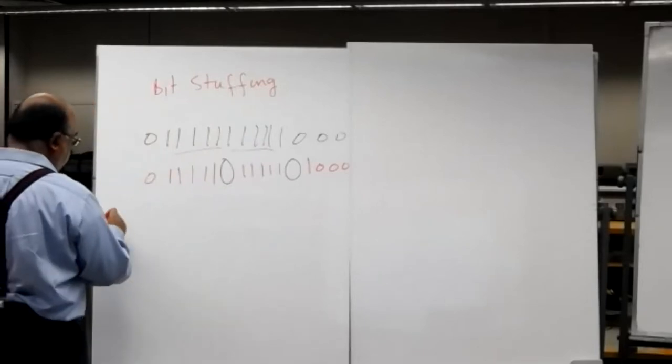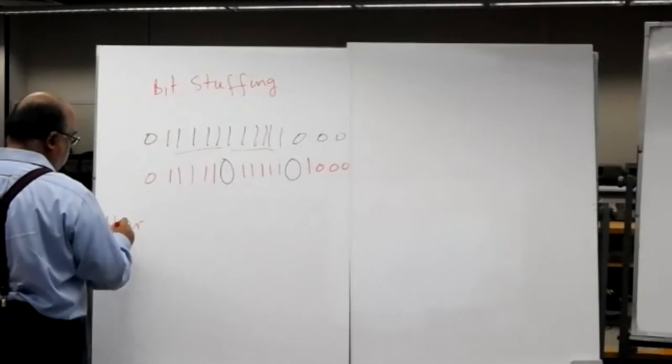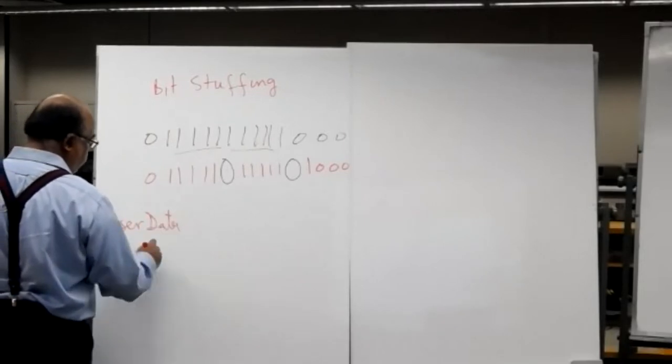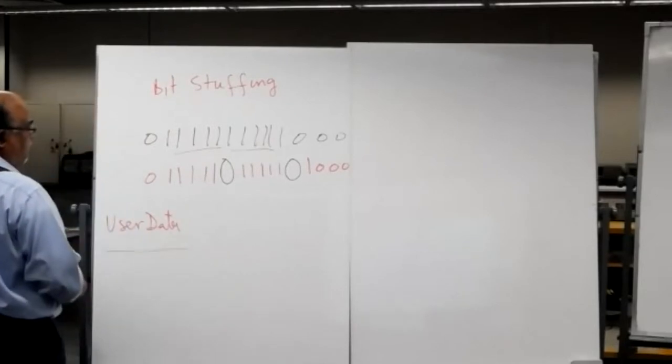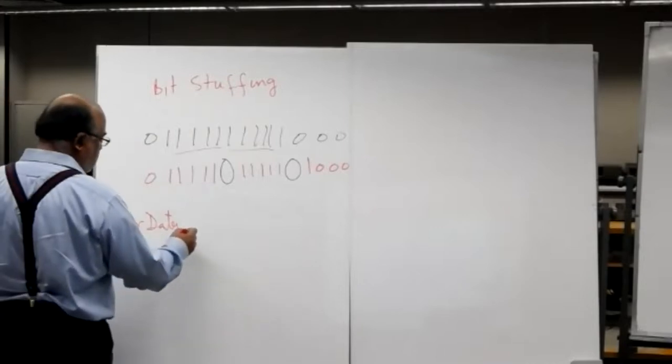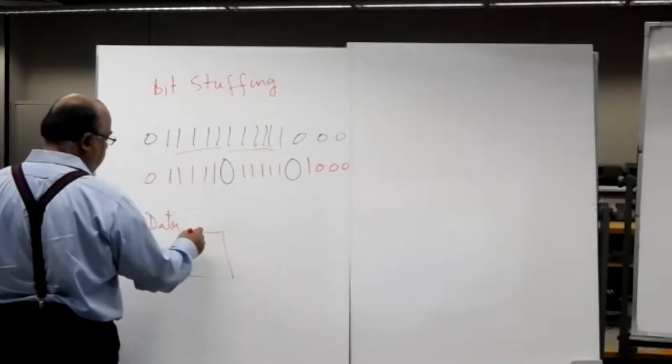So user data is coming like this, user data, which may have long strings of ones and zeros or whatever. So you do bit stuffing.